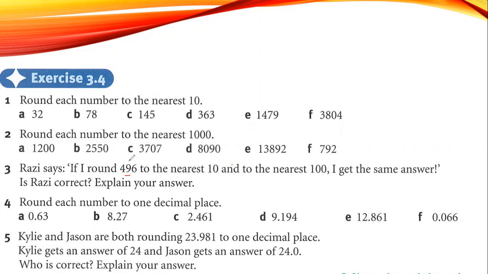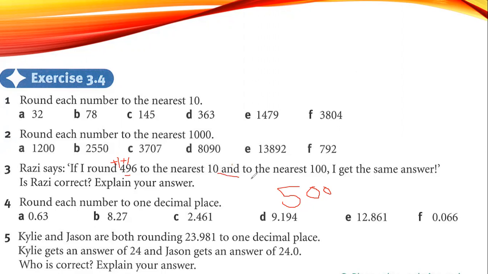So we add 1. Let's suppose I add 1 to this number. So 1 plus 9, 10. In the place of 6 I already put 0. So here is 10, I put again 0, and the 1 I give to the next number. So 1 plus 4, that is equal to 5.